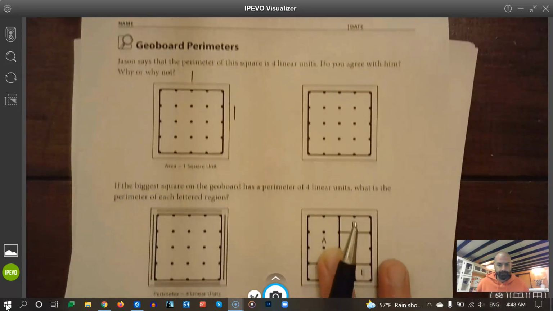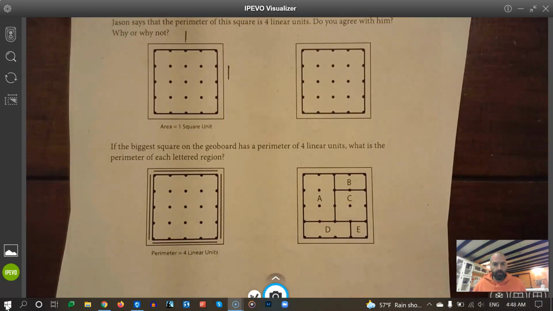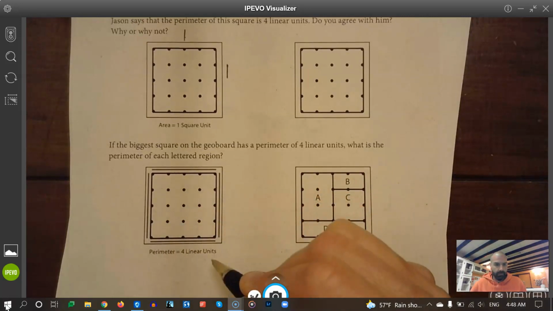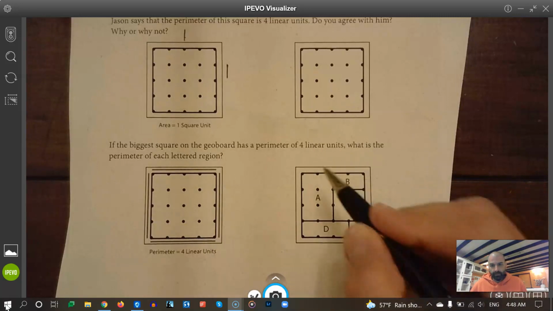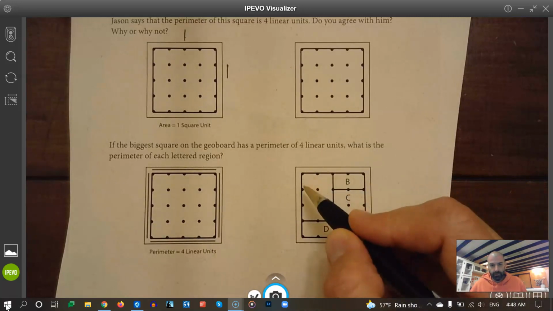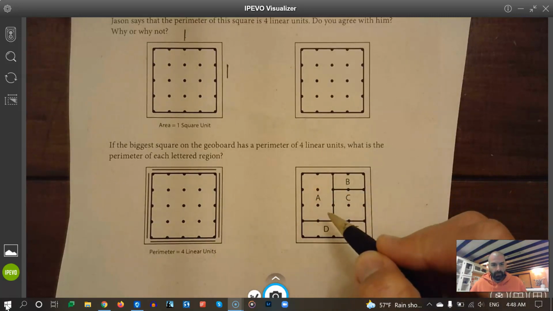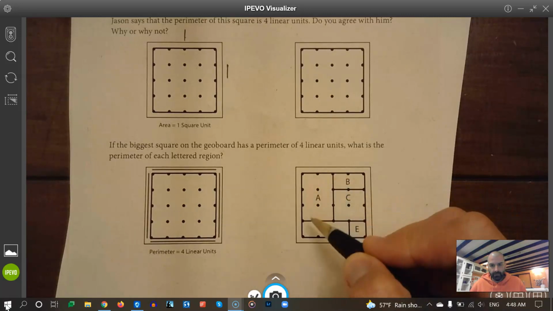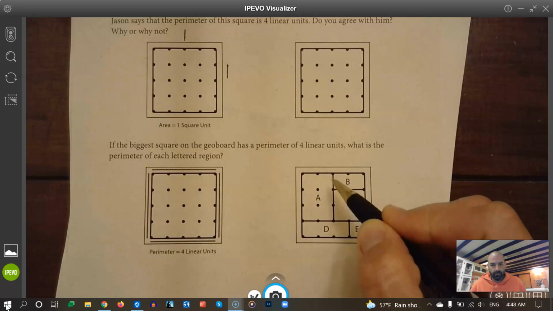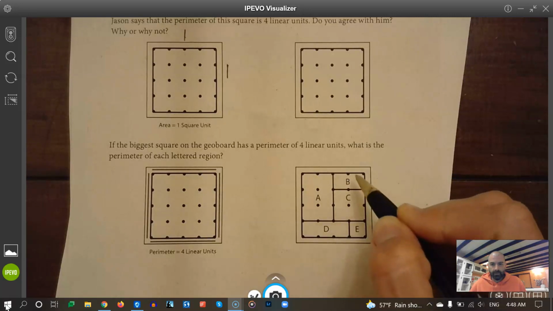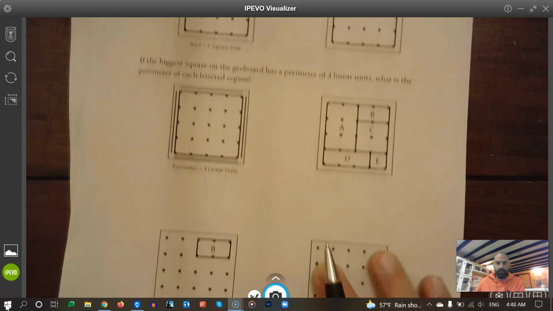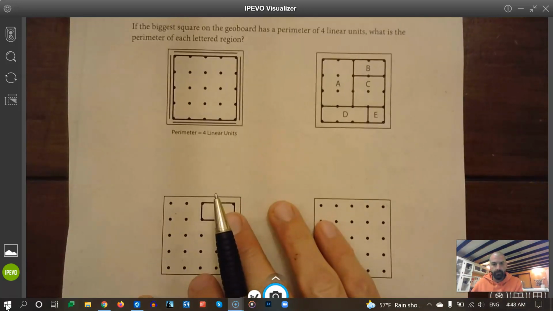Okay, now let's move on. We know that this is 4 linear units. What about this rectangle here in A? Okay, or no, let's not do A. Let's start with B. So we're going to look at this rectangle here, B, and if you want, you can kind of look down at this one.